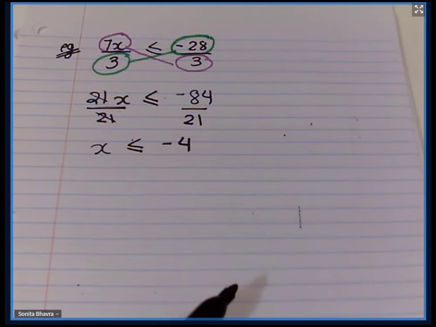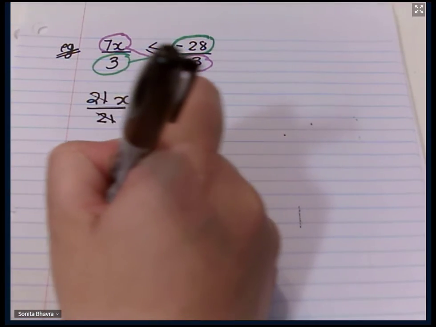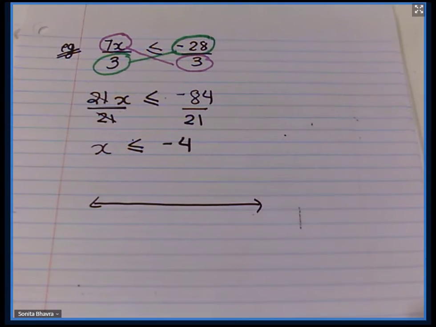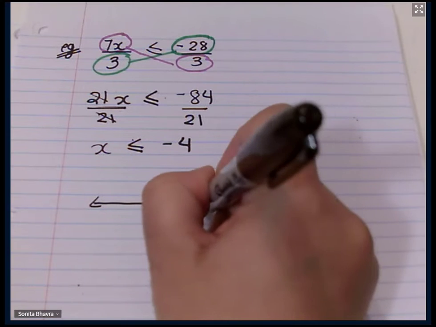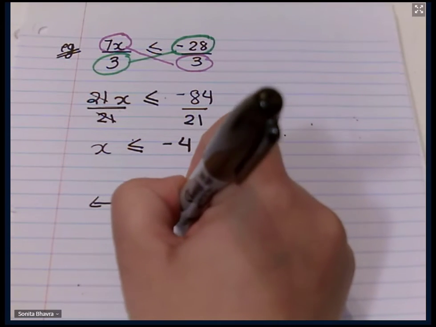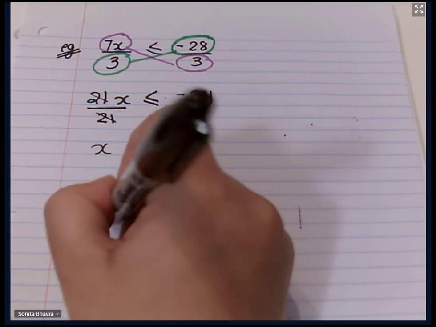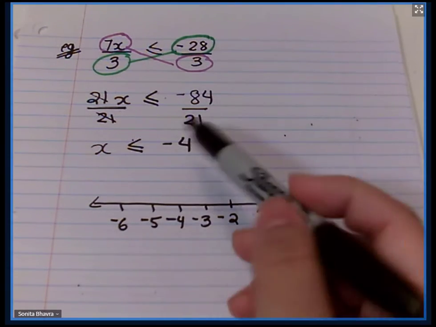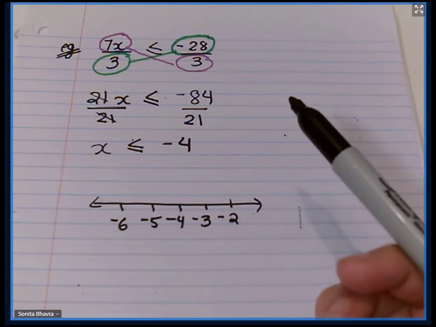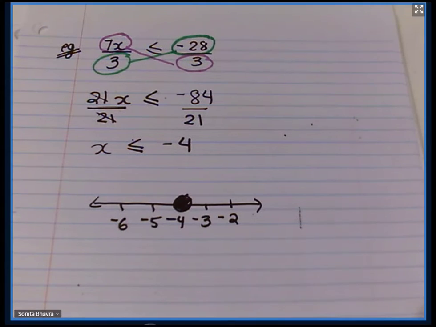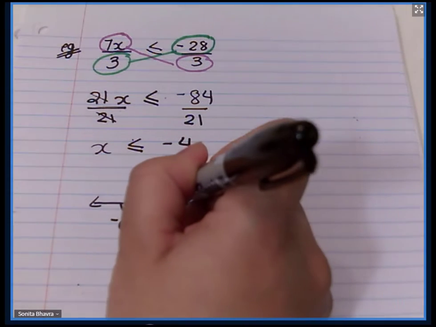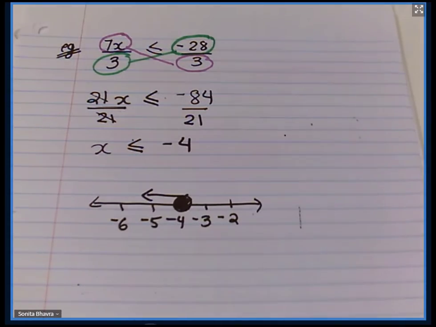Last thing we have to do is graph on the number line. So draw your number line. All right, it is less than and equal to negative 4, so you would use the closed dot. And it is less than, so it is going to the left, like that.